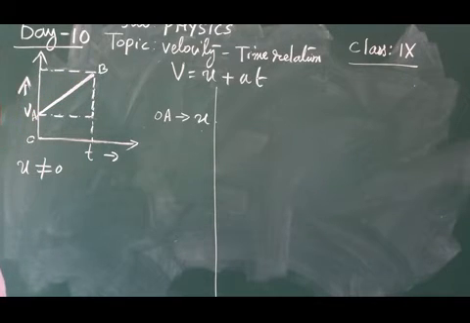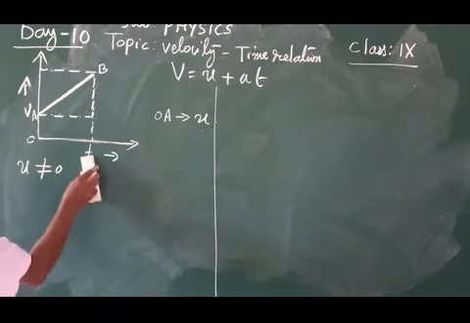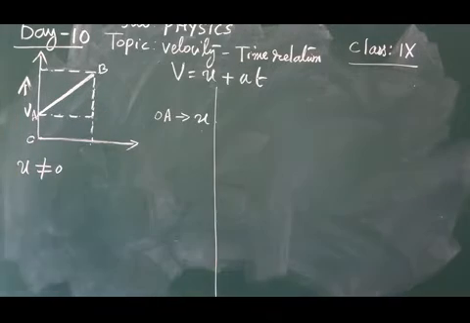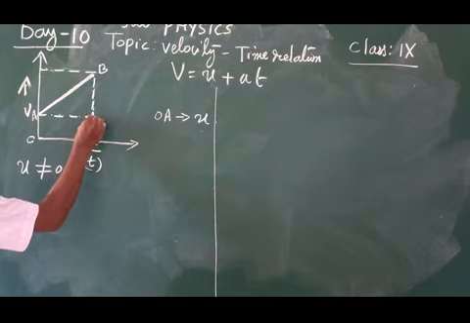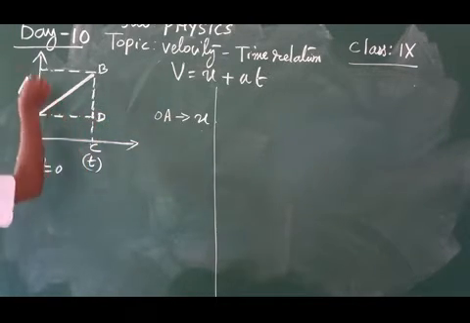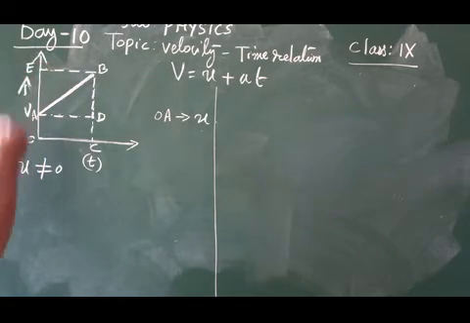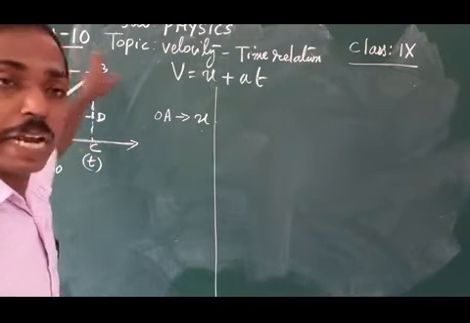Then we have the other points: here C, then here we take D, then here we take E. This is the velocity diagram we are using for deriving.